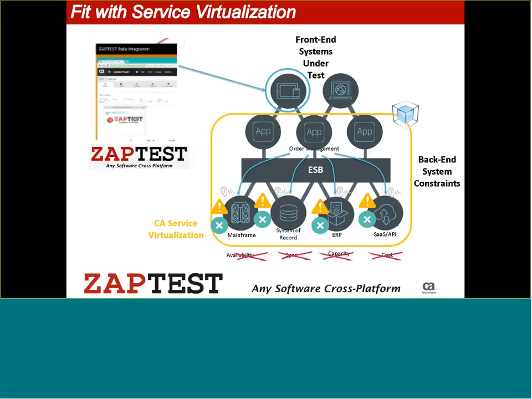I've just provided the team here with some screen prints, the screen captures of each of the conversation, the whole conversation of a forward CARS transaction, and then the ability of using the visual object recognition technology in ZAPTEST to build those scripts out very quickly and easily. And now I can drive that against my CARS backend virtualized services. So I'm going to be showing which I've already built, and I'm going to go ahead and use that in the demo as well. So again, very simple example, but a very powerful example.